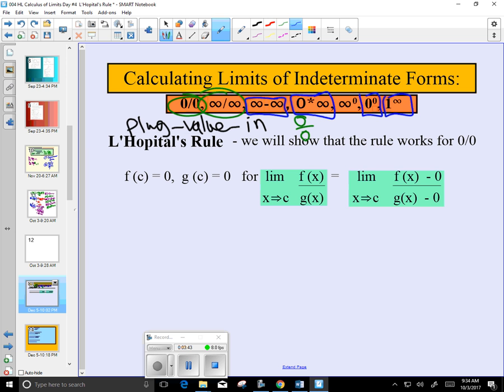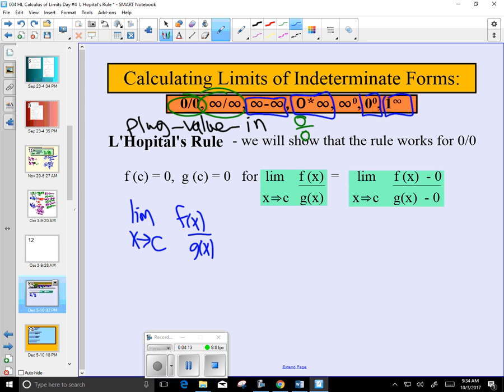Let me prove just one of these where the 0 over 0 one works. So let's say that we have a y value equals 0 of one function and a y value 0 of another. 0 over 0. So we take the limit as x approaches c of f of x over g of x, and you plug that c in and you get 0 over 0. Okay?